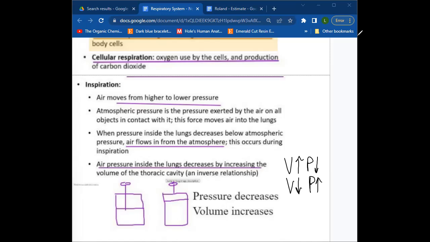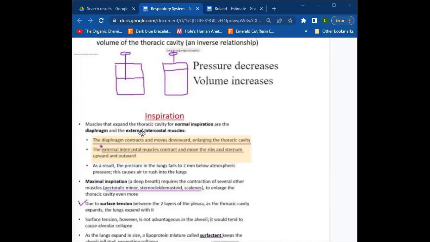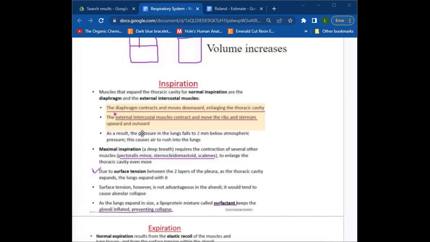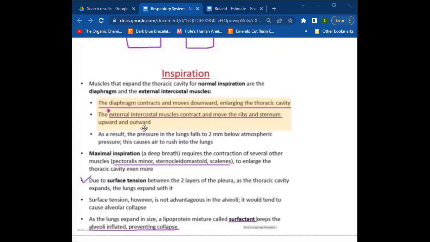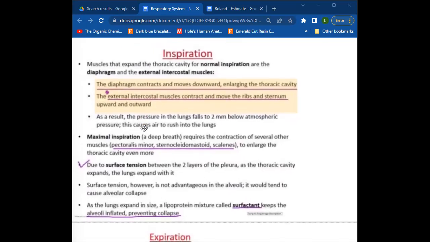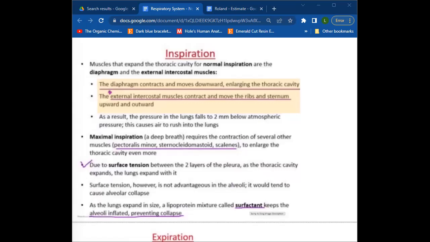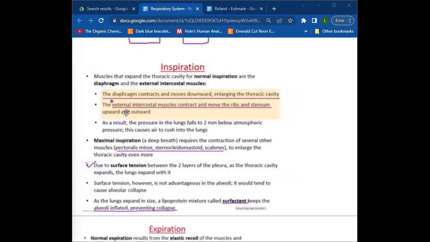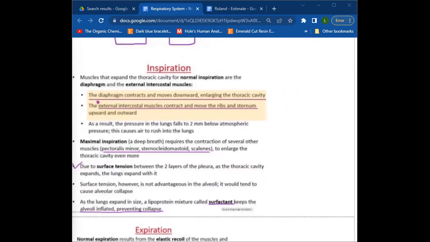Okay, now let's take a look at what happens specifically during inspiration. In the process of inspiration, we need to know that there are two main muscles. There's the diaphragm and then the external intercostals.